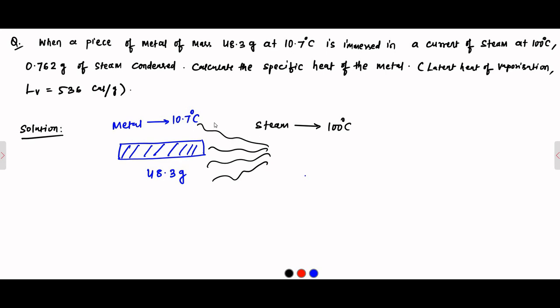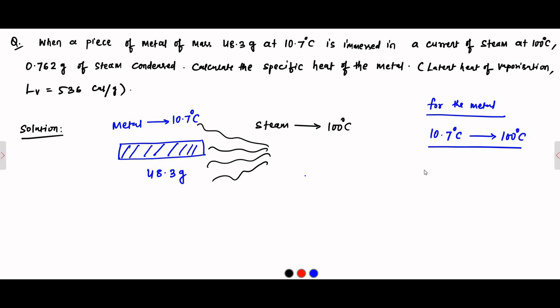So when it comes in contact with the steam, the temperature of the metal increases from 10.7 degrees Celsius to 100 degrees Celsius. This is the initial, this is the final.